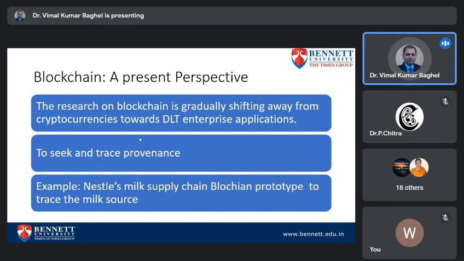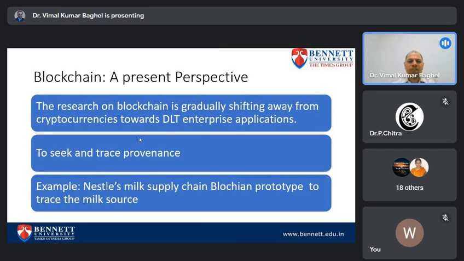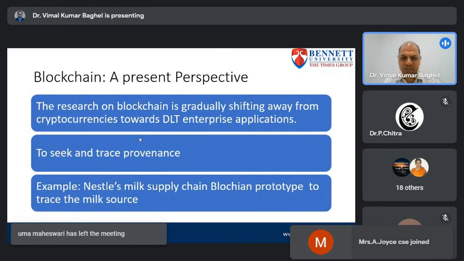As you know, cryptocurrency was started in 2009 in the form of Bitcoin by the proposal given by Nakamoto. So Nakamoto gave the idea of cryptocurrency. Since 2009 till 2015-16, people only knew that cryptocurrency is a blockchain. But now the momentum is shifting beyond cryptocurrencies.